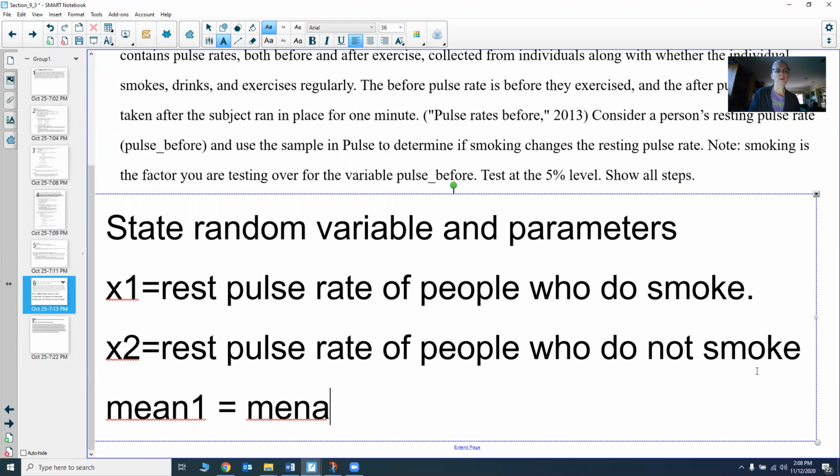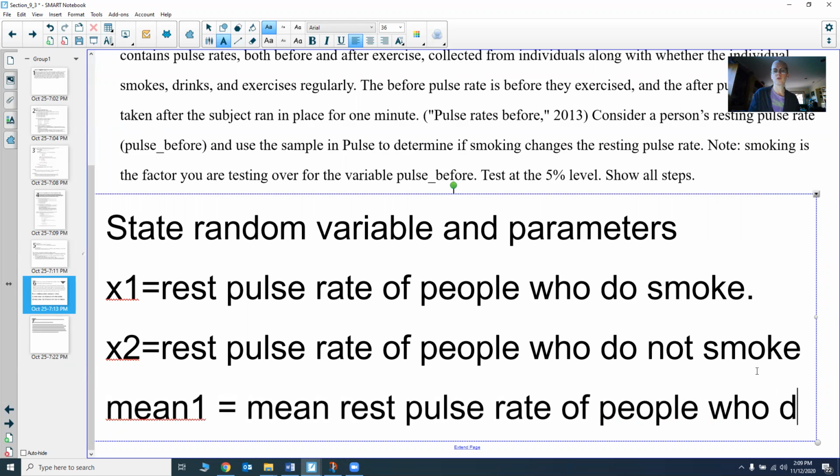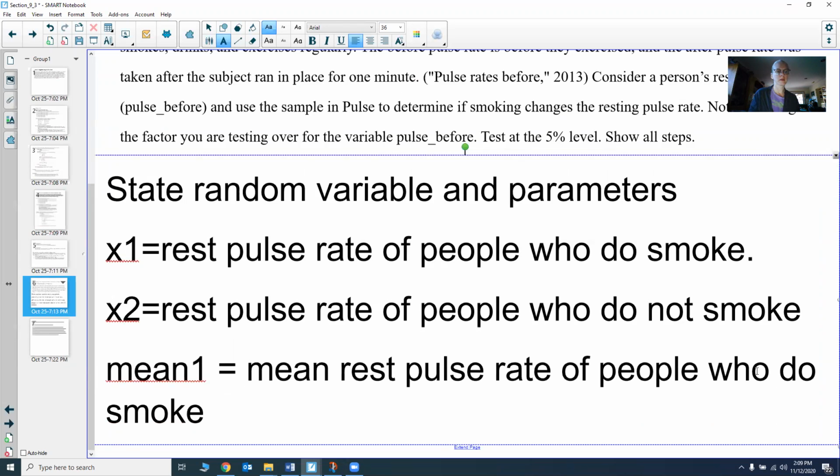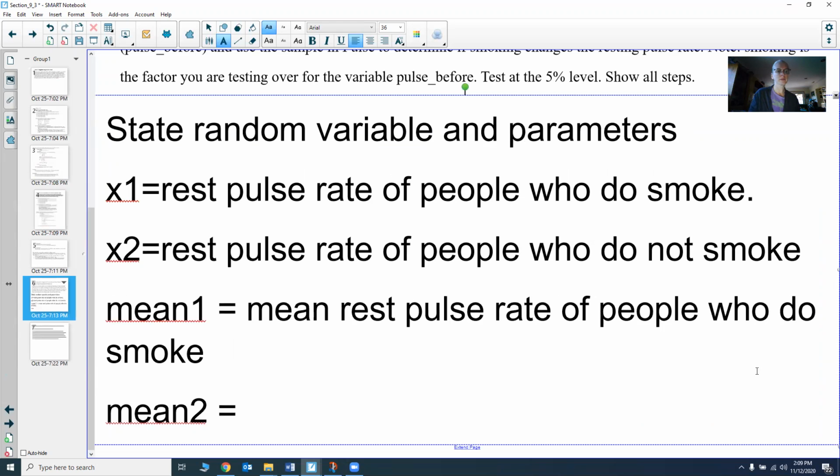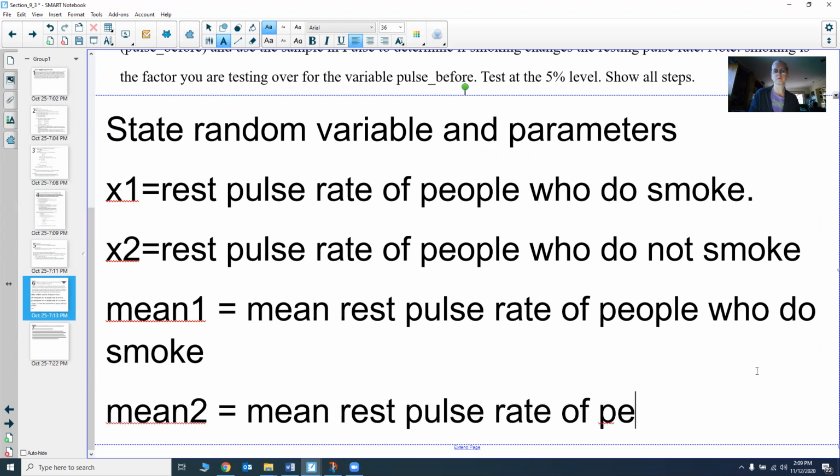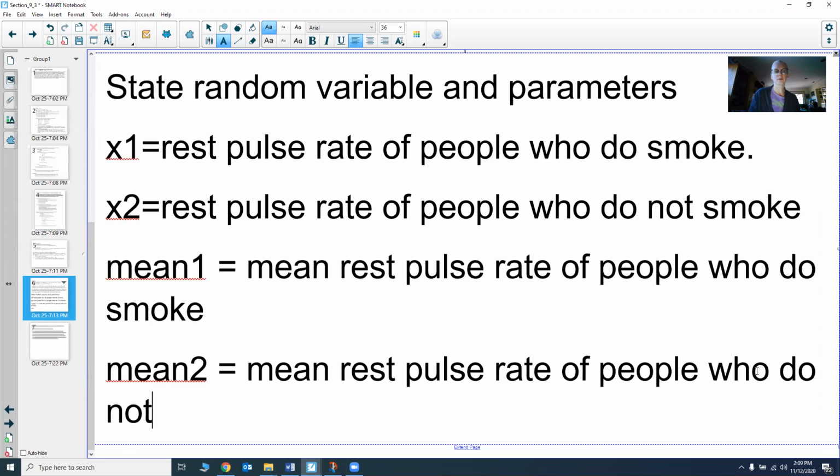Your mean 1 is your mean resting pulse rate of people who do smoke. And then your mean 2 is your mean resting pulse rate of people who do not smoke.